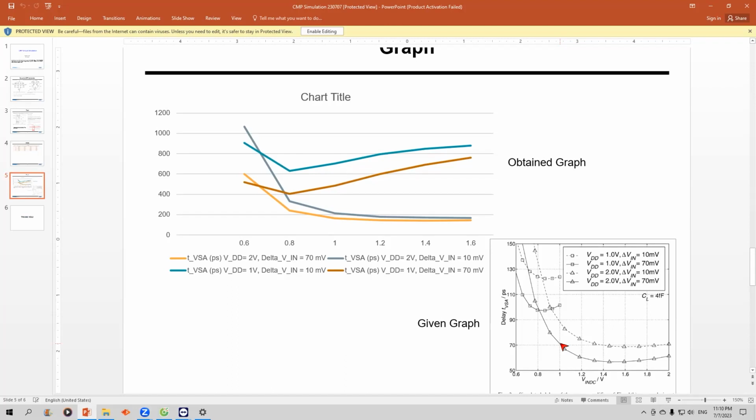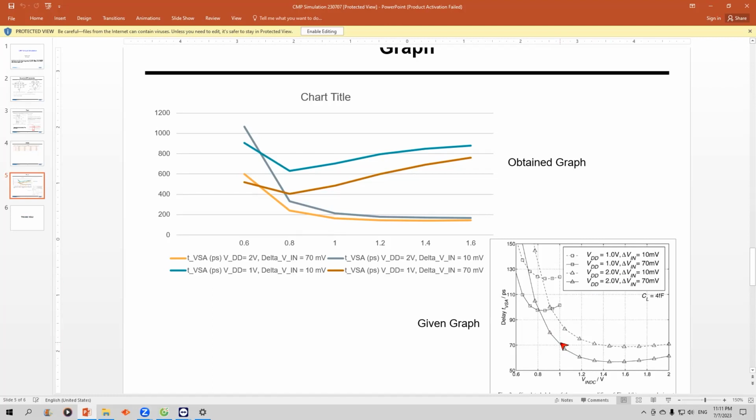And VDC. In your graph, for VDD 1 volt and delta V 70, the value is not 164. In your graph, VDD goes to 2 volts and delta V is 70.